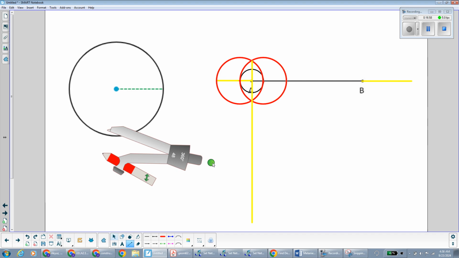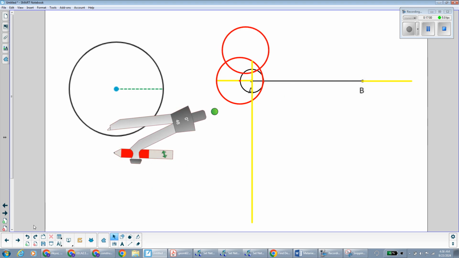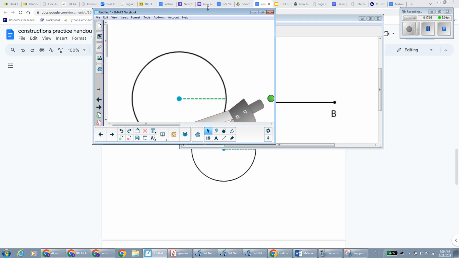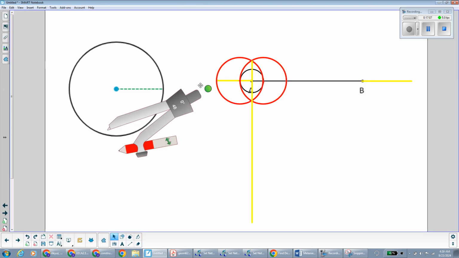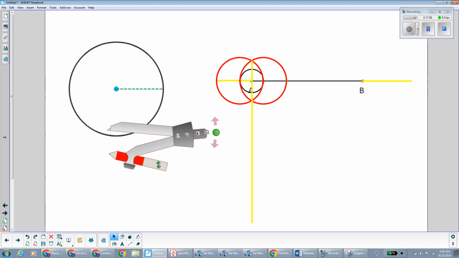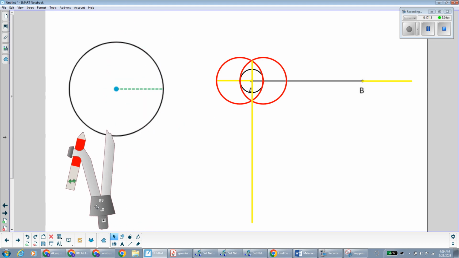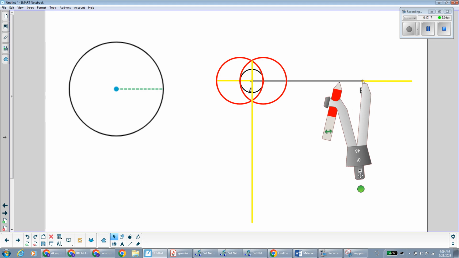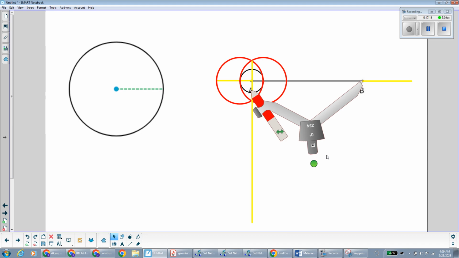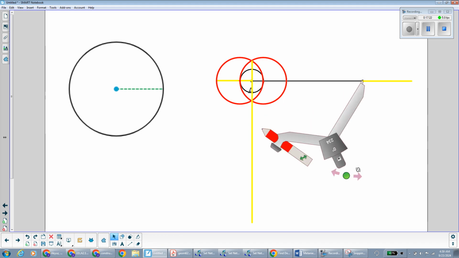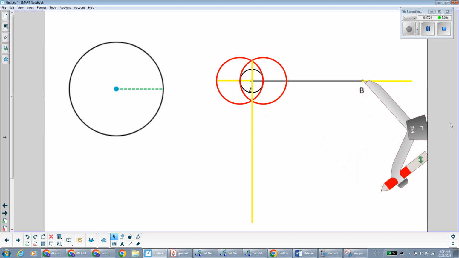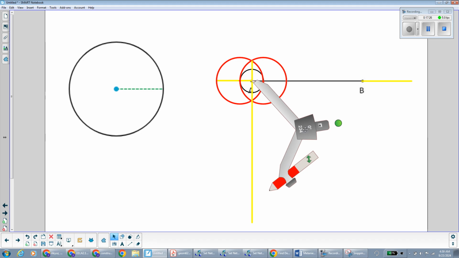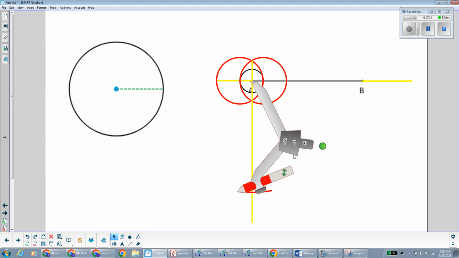I need to know how long to actually make that side. It's got to be the same length as AB because squares have 4 equal sides. I'm going to put the compass on B, and I'm going to open up and measure to A. And I'm just going to transfer that measurement down here.